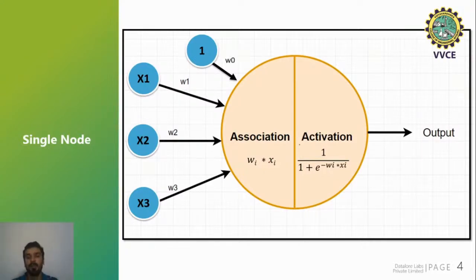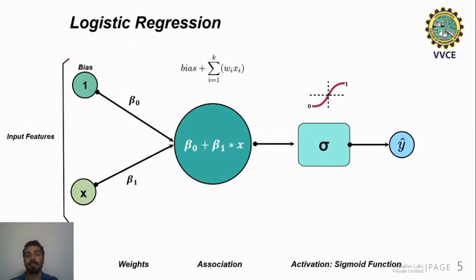So this is how you can represent your logistic regression model. You have one neuron in your input layer plus one bias neuron, and instead of calling it w0, w1, we'll call it beta 0 and beta 1. It's exactly the same.